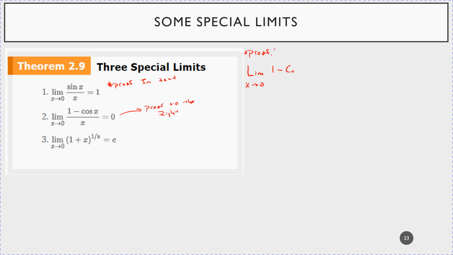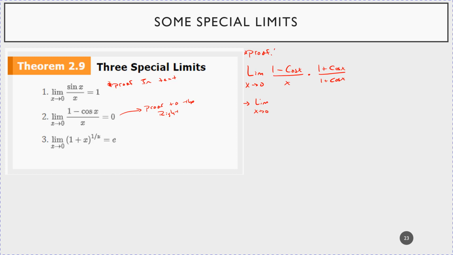This is 1 minus cosine of x all over x. To prove this limit, the trick is that you multiply the numerator and denominator by the conjugate of the numerator, which would be 1 plus cosine of x. When you distribute, you get the limit as x goes to 0.